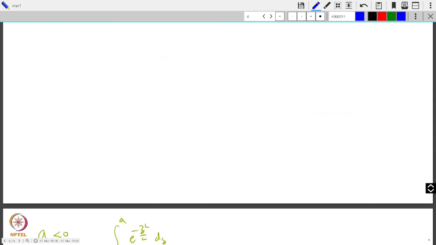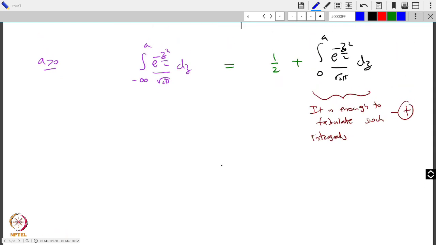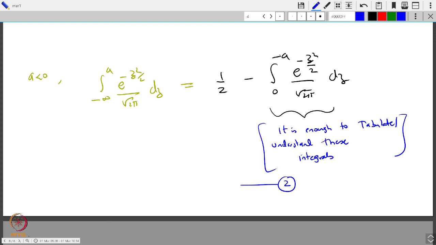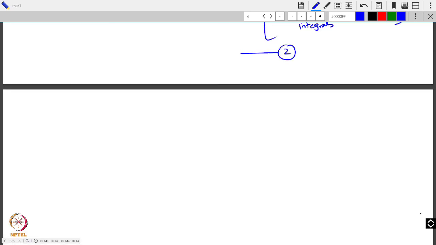So let me call this calculation 1, and let me call this calculation 2. So from 1 and 2, the claim is shown.